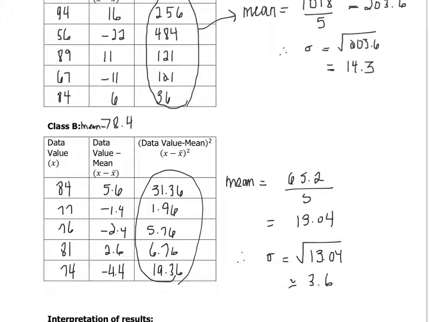So the standard deviation for Class B is a lot smaller, which means that the data in B is a lot closer together, or consistent, and you can see by glancing at the numbers in Class B's data versus Class A's that this is true. There's a little bit more variation in Class A's test scores than Class B's.